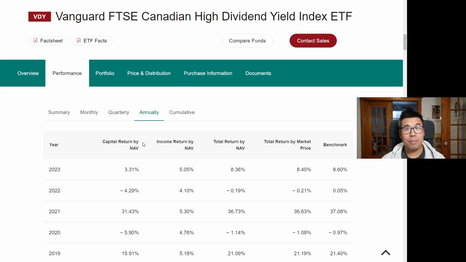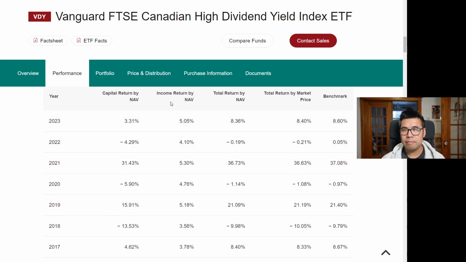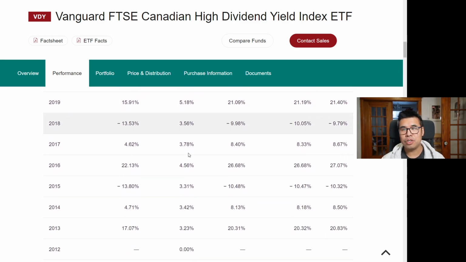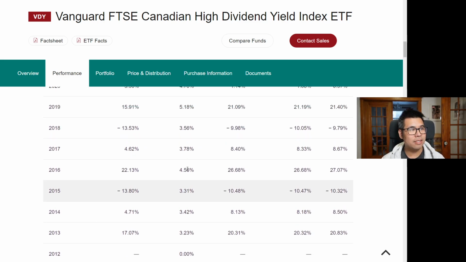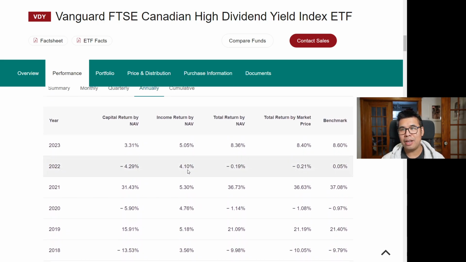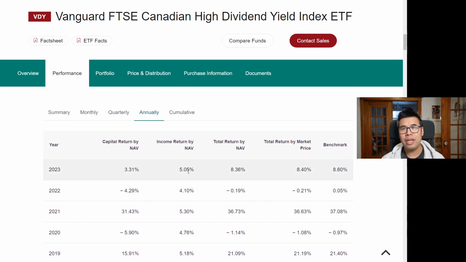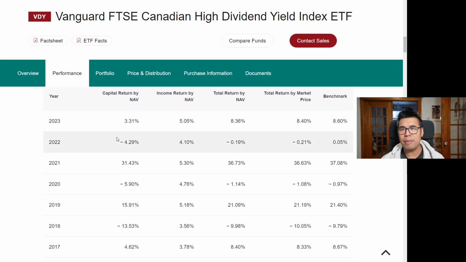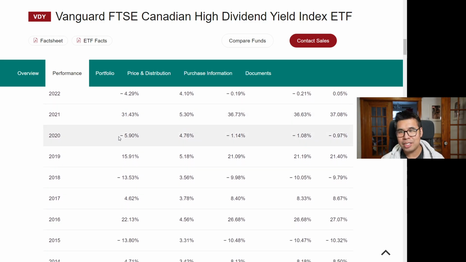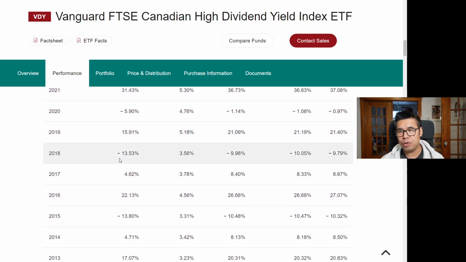So if we look at the popular VDY ETF, we can see broken down by years that the income here is between 3 to 5%. It's a predictable, solid 3 to 5% since inception. But then, like I said, what has to be true is that the capital return has to vary a lot. It just has to. And you can see it goes from 3%, -4, 31, -5, 15, -13.